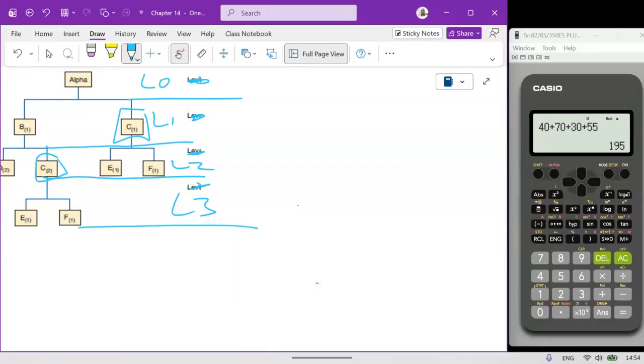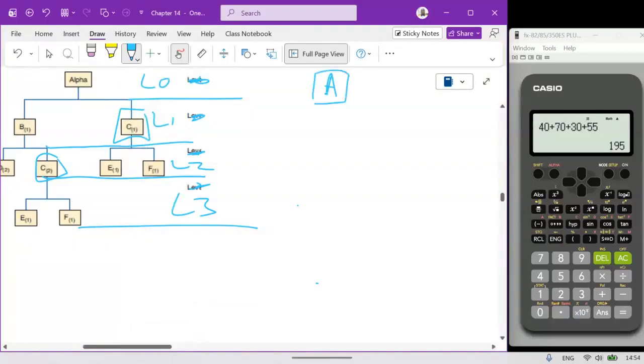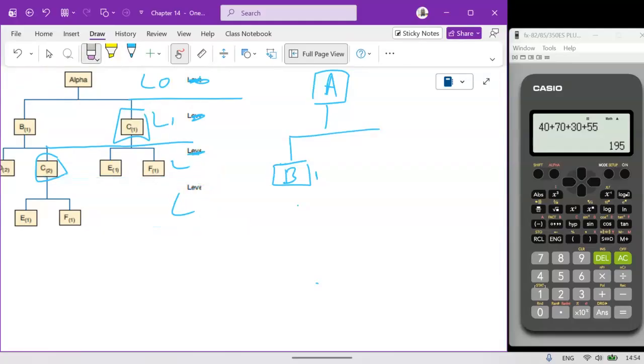We said A. We'll use blocks this time around. And we say this is B. You can just write the number outside there. And then under B, I want to remove all these things.